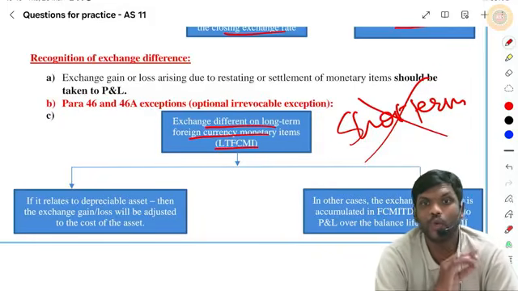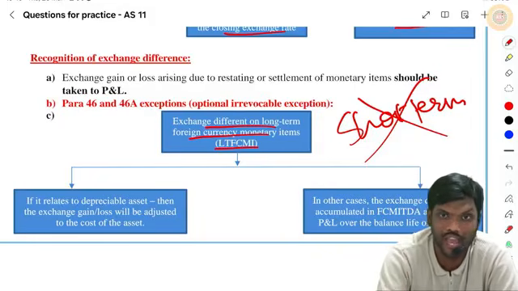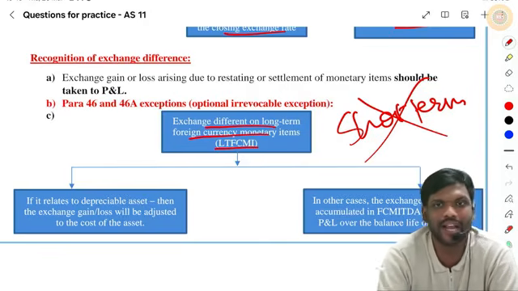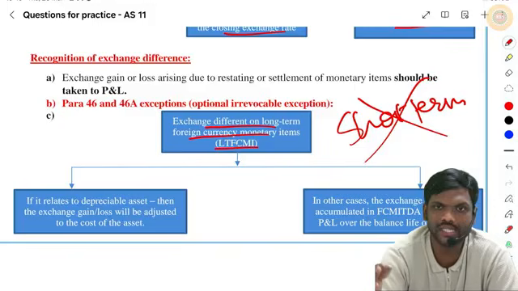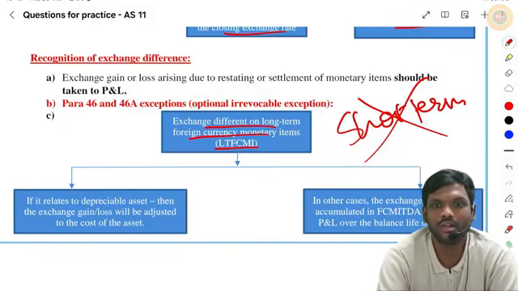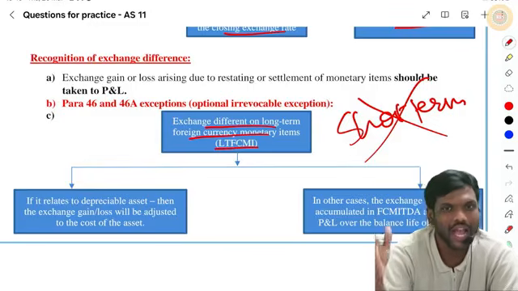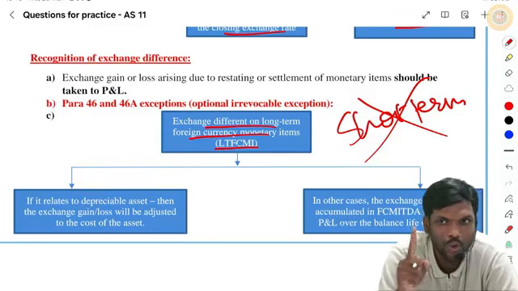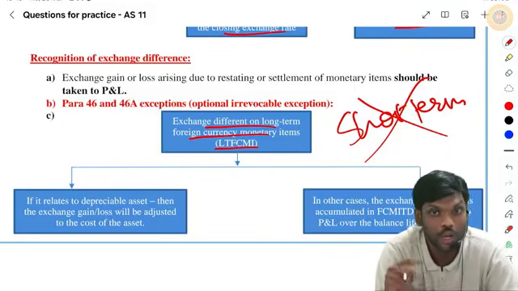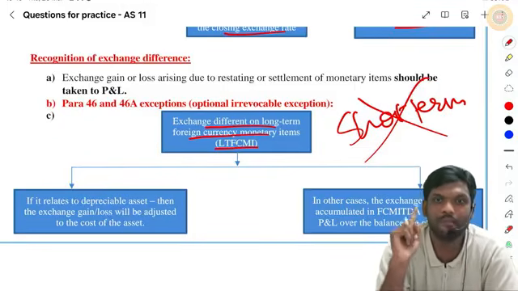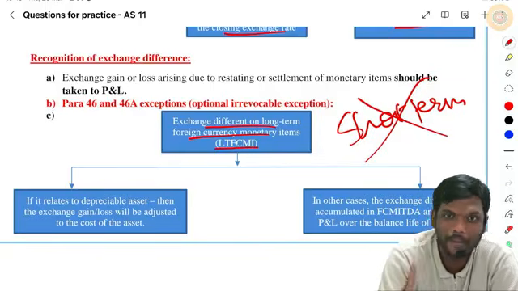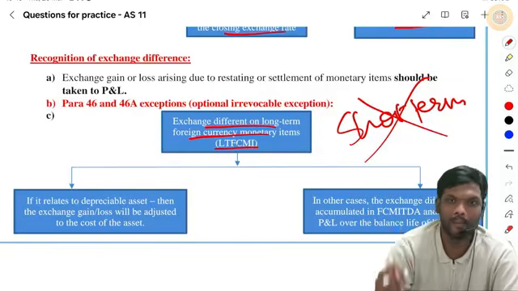In that case, you cannot apply this para 46A option. Whatever foreign exchange gain or loss is there, that should be taken to P&L. This para 46A option comes into play only if it is a long-term foreign currency monetary item. So please be careful. See in the question whether it is a long-term item or a short-term item. Don't just go and conclude and say para 46A can be applied. Only for long-term monetary items, para 46A will be applicable.